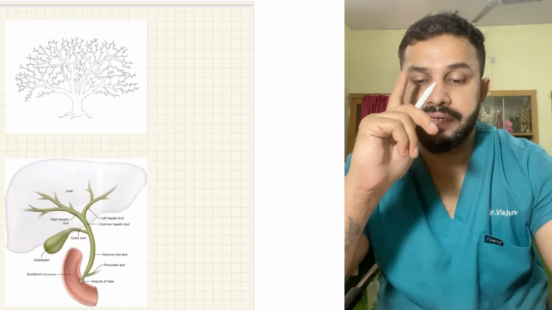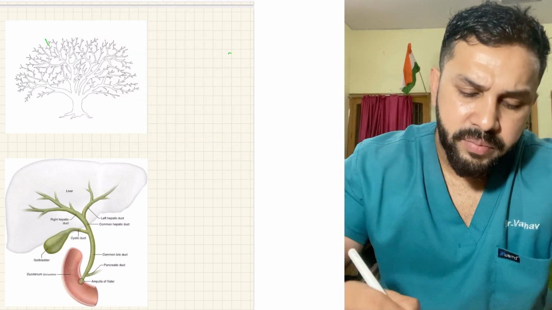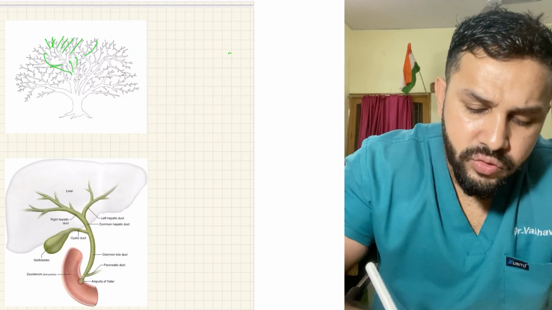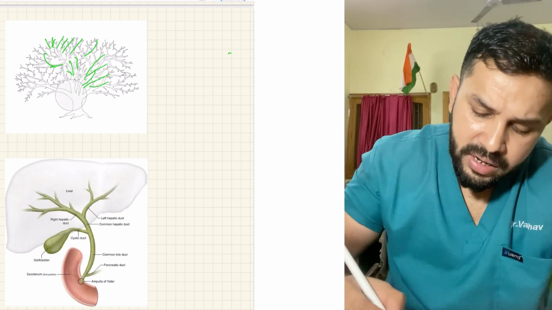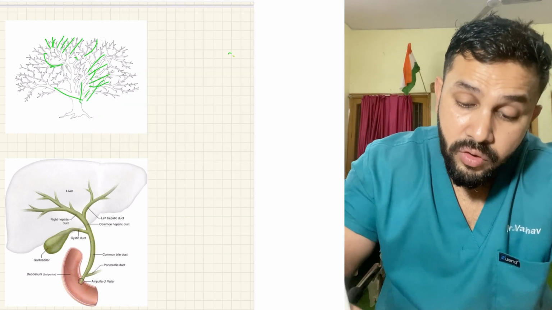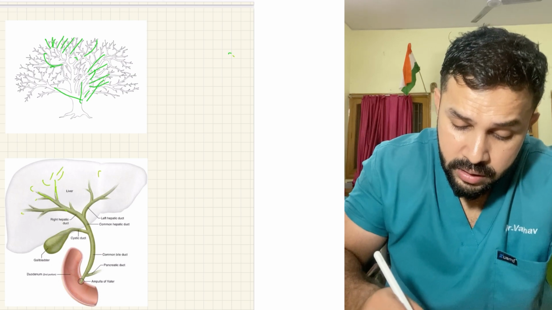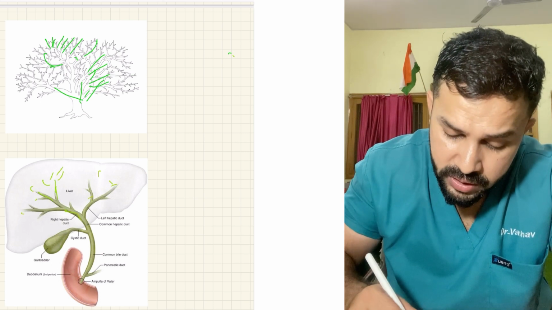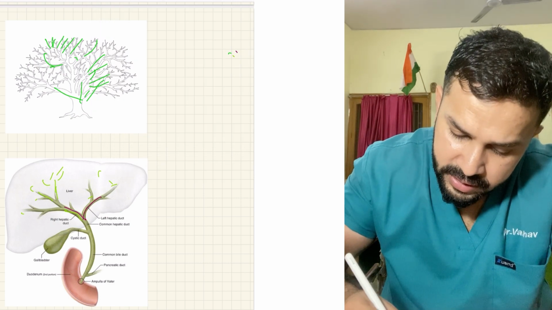So I said that this is a type of biliary tree. Biliary tree means all the canaliculi are joined to form main ducts, just like a tree. Both are joined to form the right hepatic and left hepatic ducts.